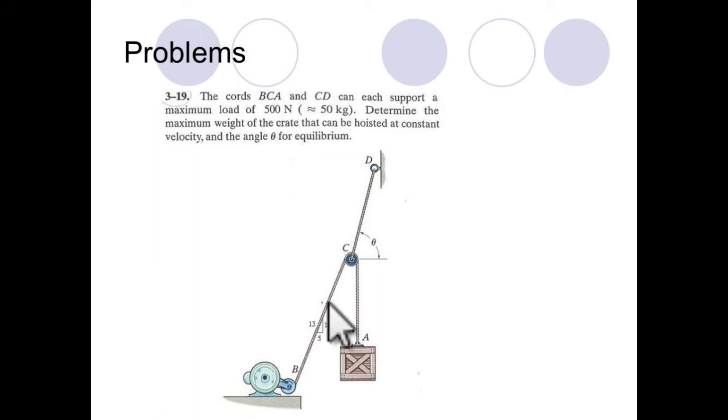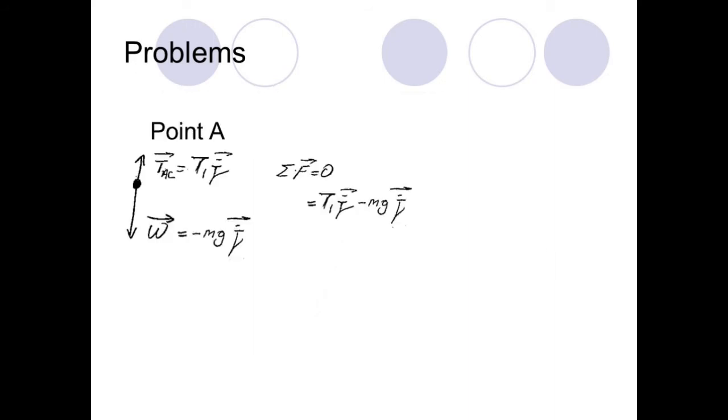So if the load in any of the cords exceeds 500 newtons, the system will fail. Now first we will begin by drawing the free body diagram.